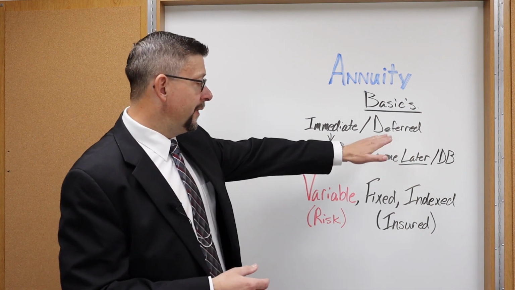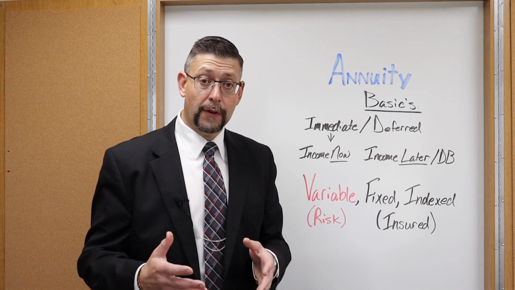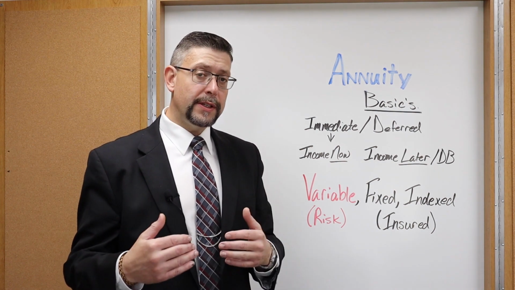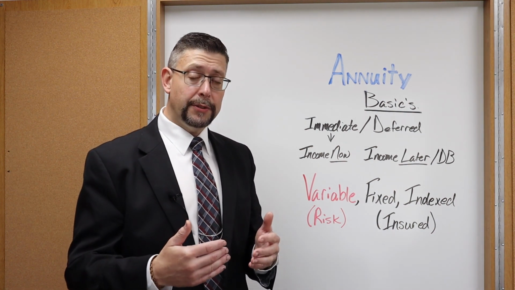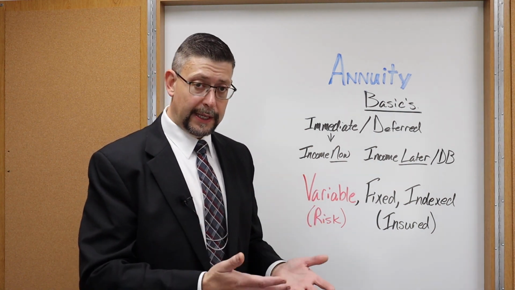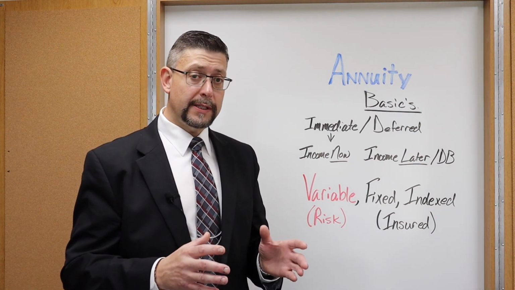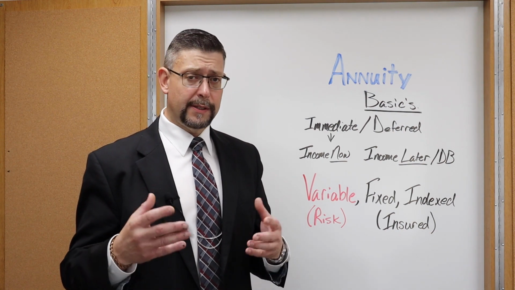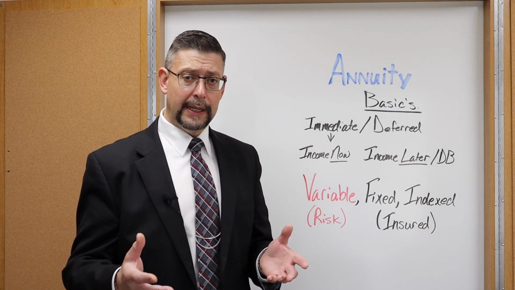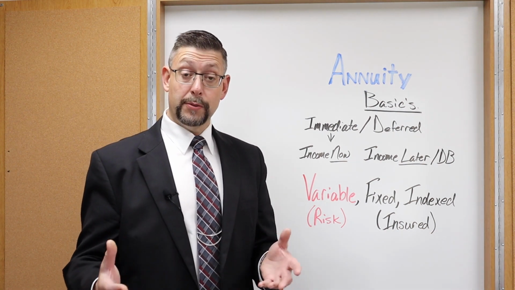Now, what about these types of annuities called deferred annuities? Deferred annuities are designed for accumulation with distribution later. And it is important to understand that deferred annuities can be a tremendous advantage to you from a tax standpoint. You see, let's say that you've got a lot of post-tax money.